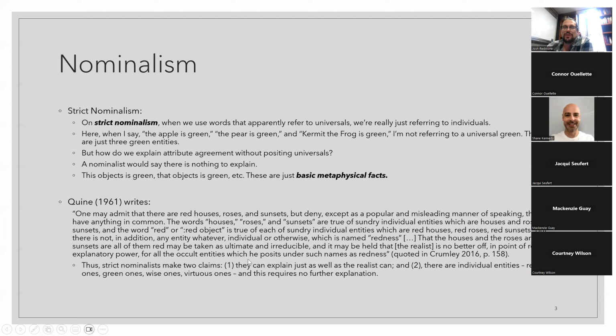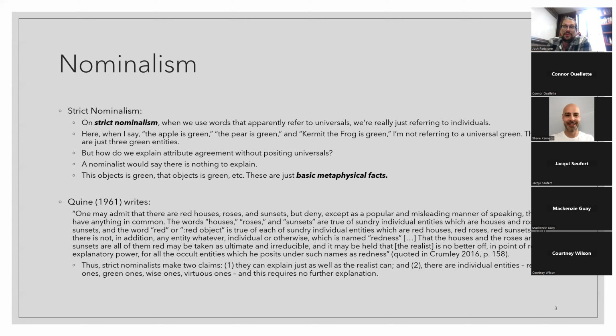There's no redness that exists over and above all of these red particulars that Quine is naming here. It's just a basic metaphysical fact that here we have a red house, there we have a red rose, over there we have a red sunset. But redness does not exist separately apart from those things.